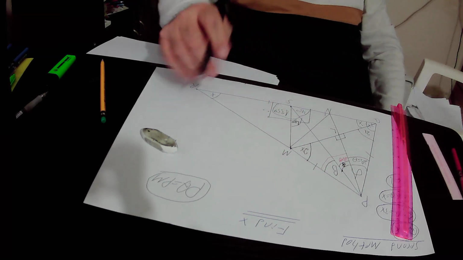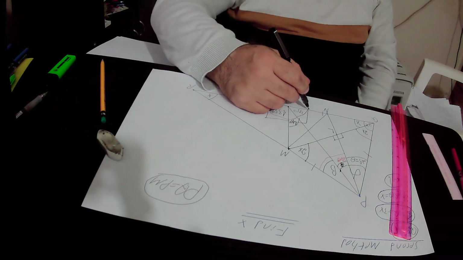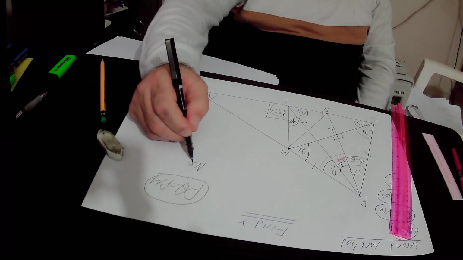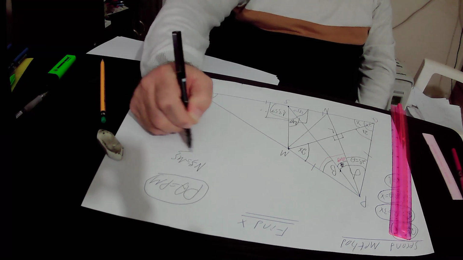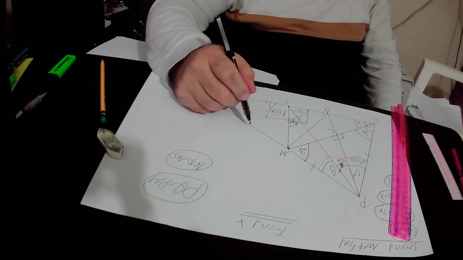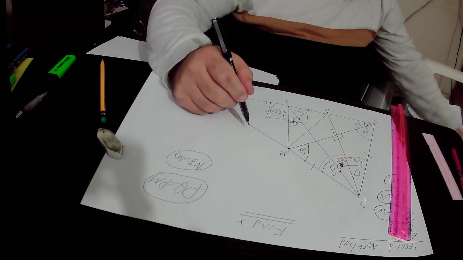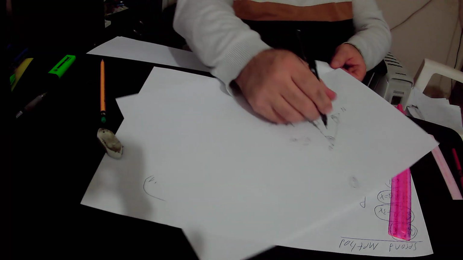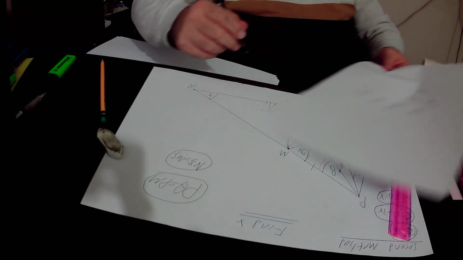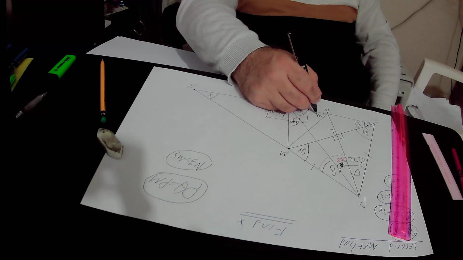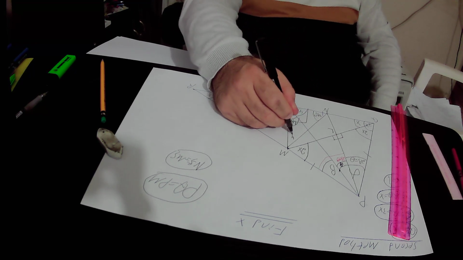We know that NS equals MS. We found out that angle MNS equals 45 degrees, and also this angle equals 45 degrees.